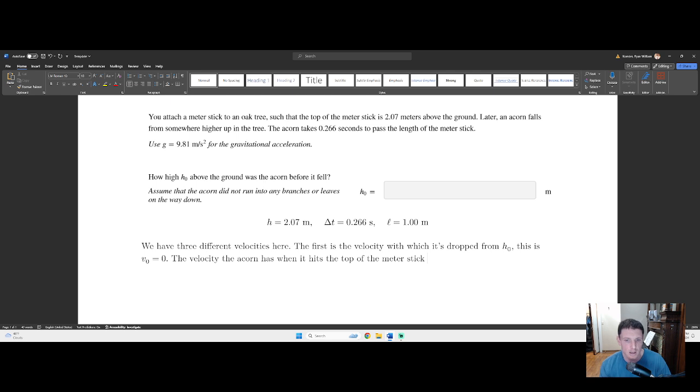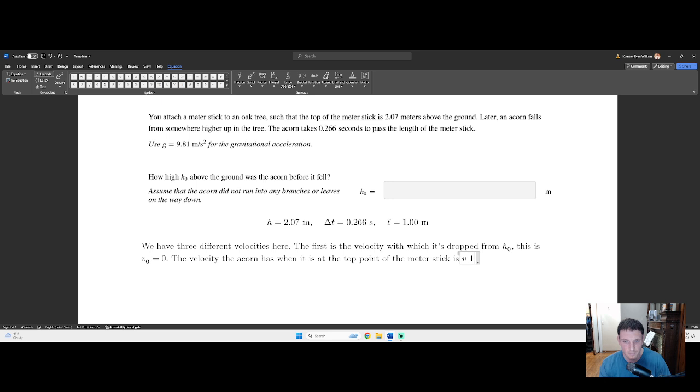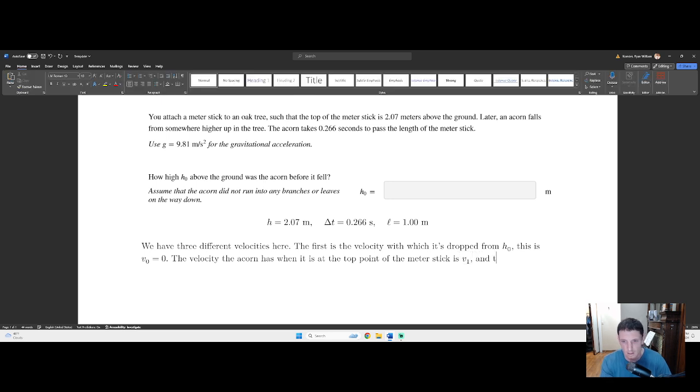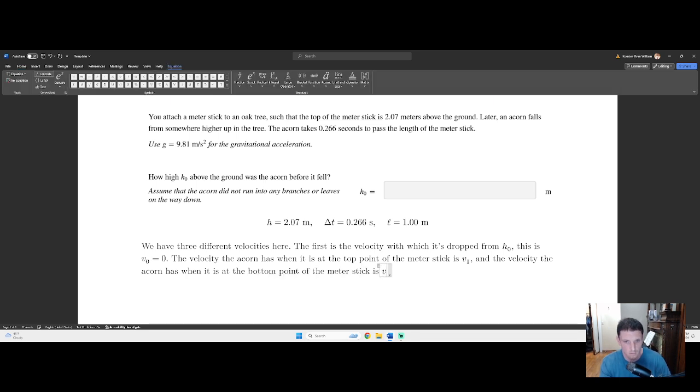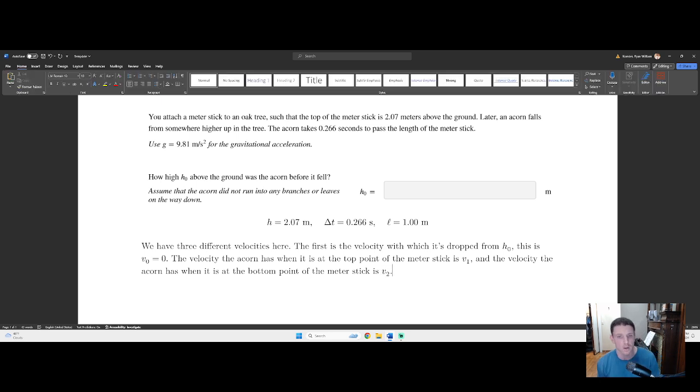Or maybe say the velocity the acorn has when it is at the top point of the meter stick. This is a little better, right? We'll say this is v1, and the velocity the acorn has when it is at the bottom point of the meter stick is v2. Okay. So now you know what I mean when I say v naught, v1, v2.